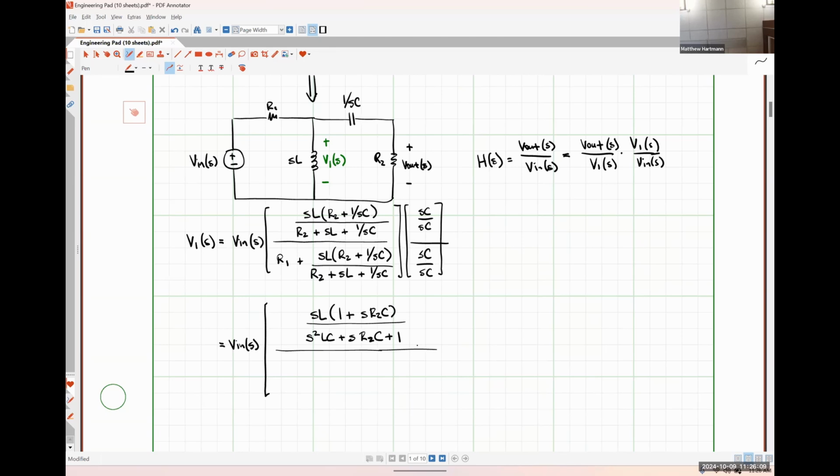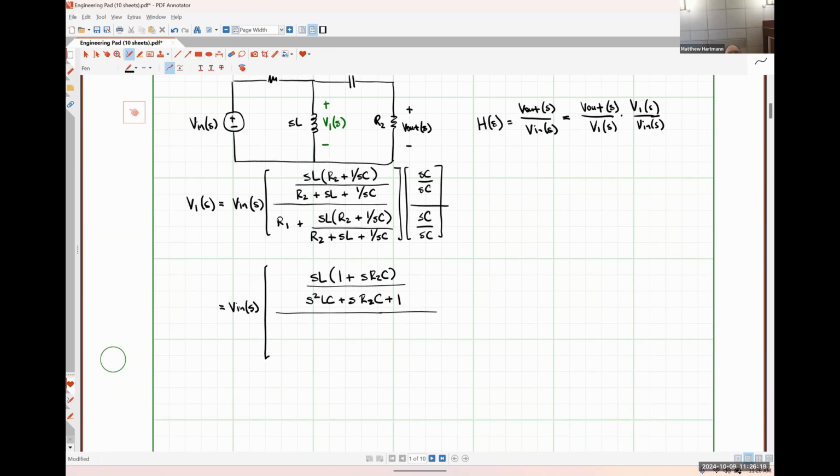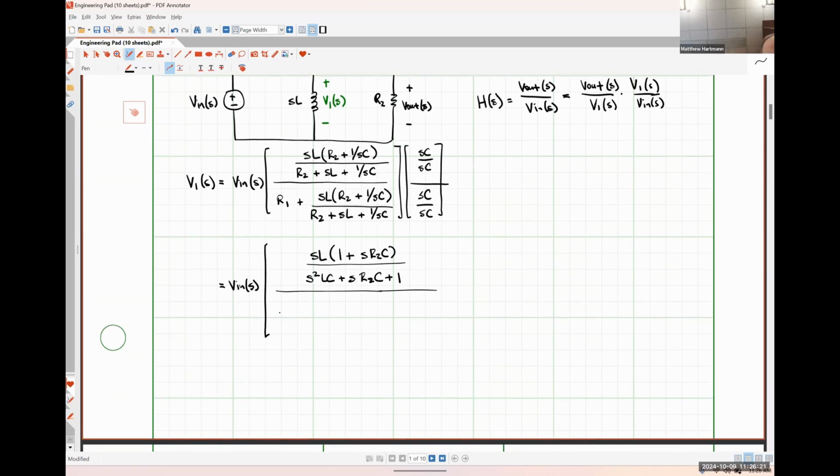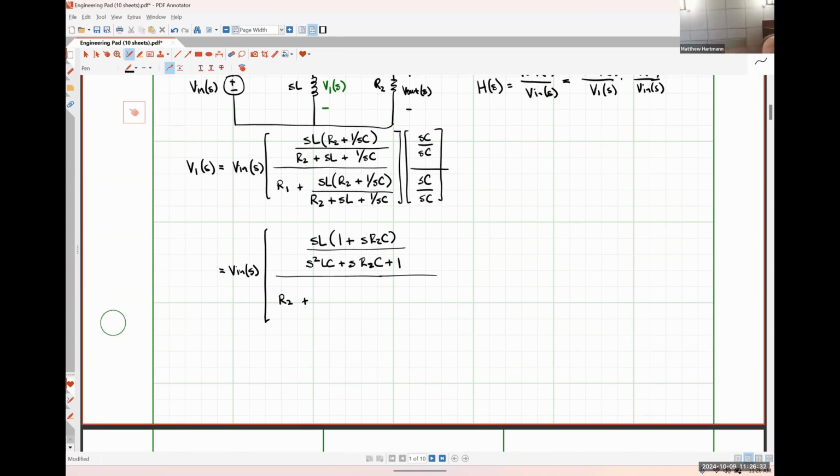And when I multiply the R1 by SC over SC, it's just going to look like R1, so I'm going to leave that alone. And now I'm back to doing the exact same thing that I did in my numerator, so I'm just going to copy that stuff down again. Sorry, this should be an R1. Thank you.